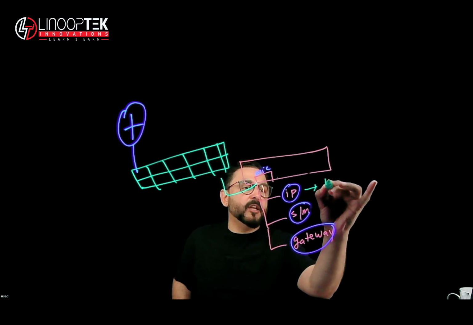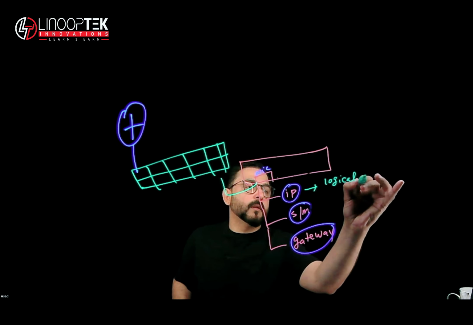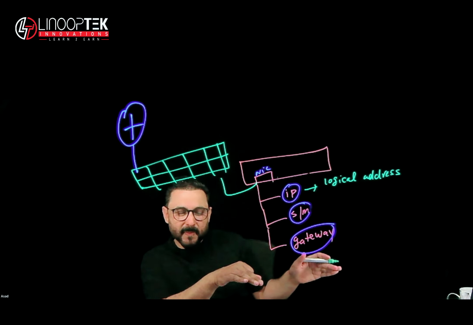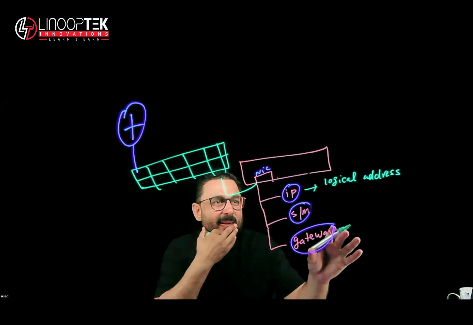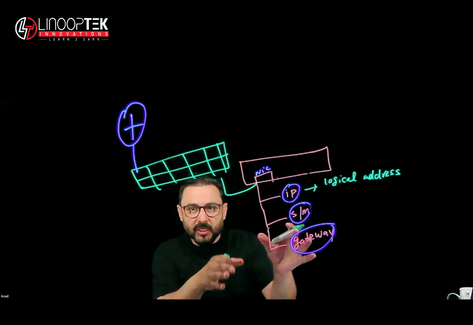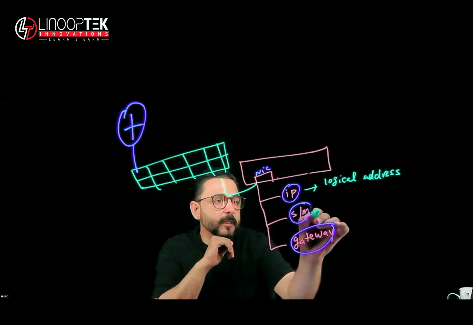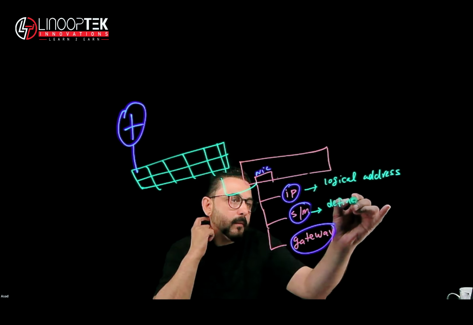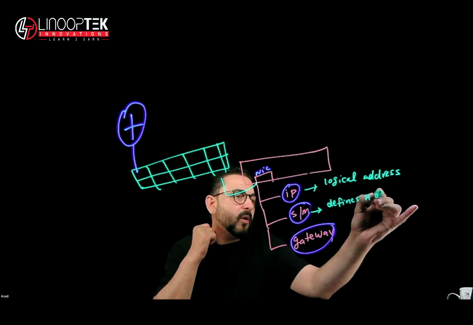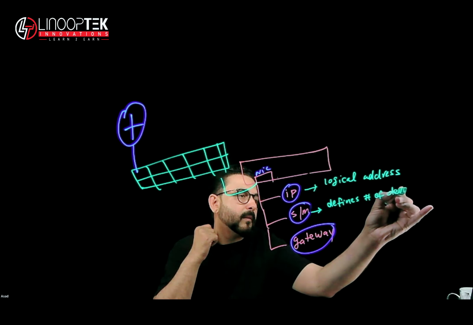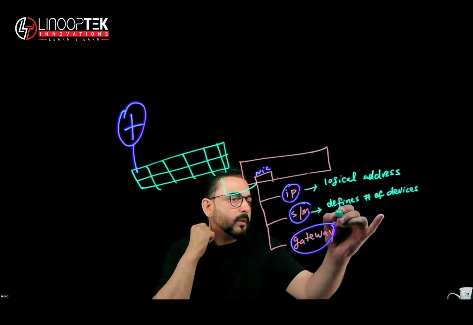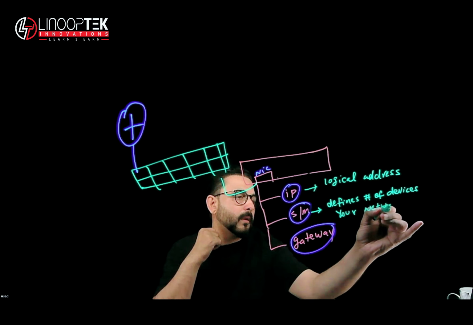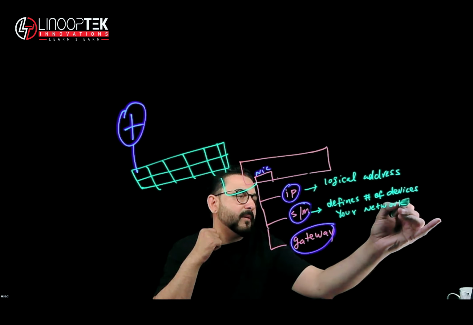An IP address is basically a logical address, just like a phone has a logical address, so other phones can connect with you. Just like that, every machine has an IP address. The subnet mask defines the number of devices your network can have.